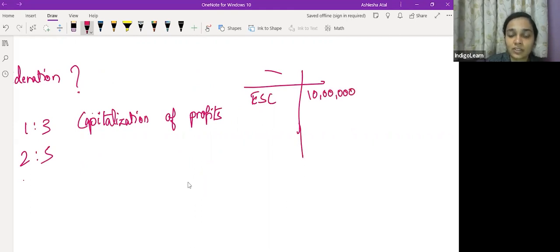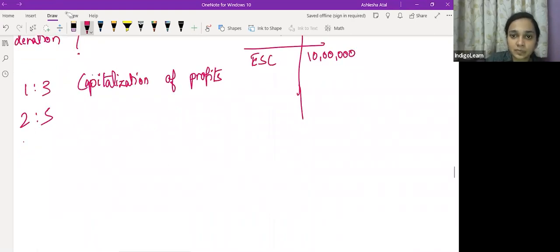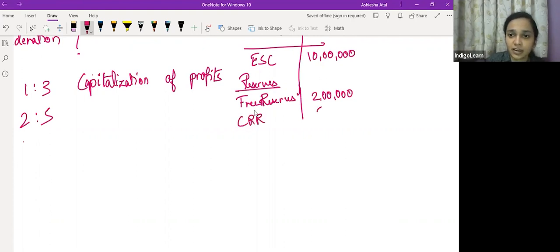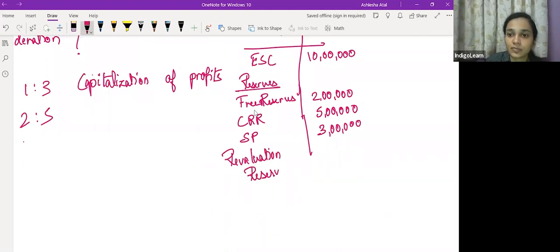And you have general reserve, sorry, and under reserves and surplus, you have free reserves, say worth 2 lakhs, CRR worth 5 lakh, securities premium account, say 3 lakh, and revaluation reserve. Say this is 2 lakh.